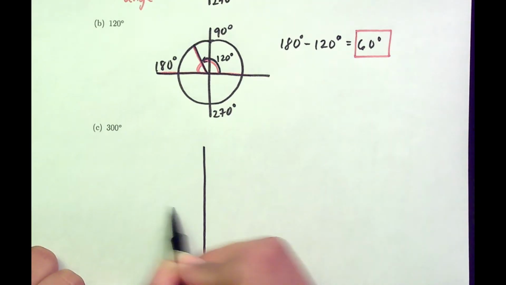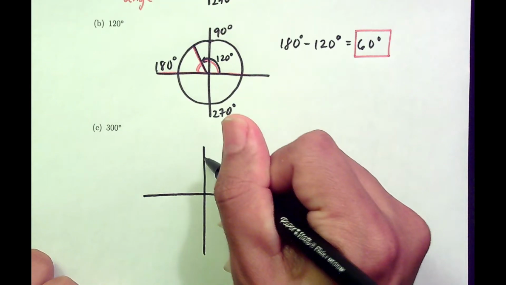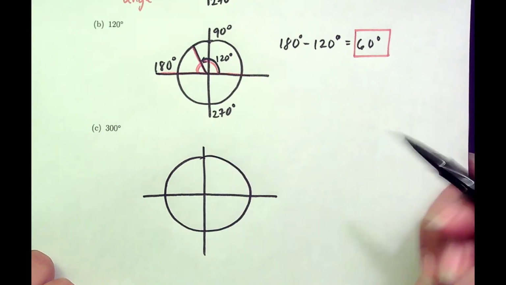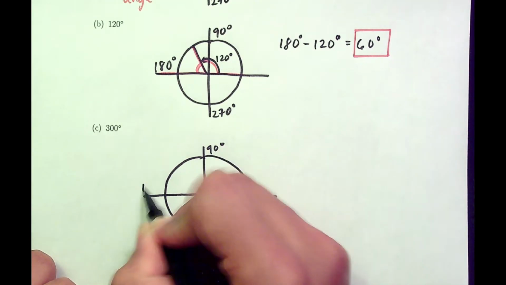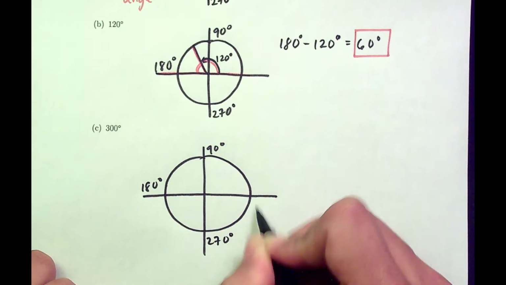All right, so we're looking for the reference angle of 300 degrees and we need to take a moment to draw it in the correct quadrant. This is 90, this is 180, this is 270, and that's 360.